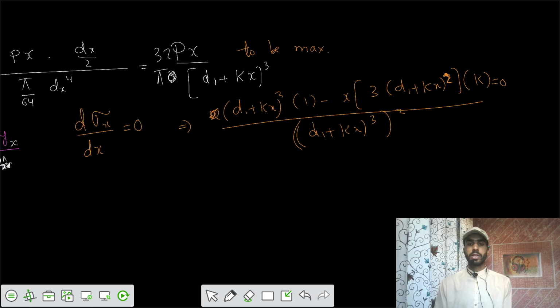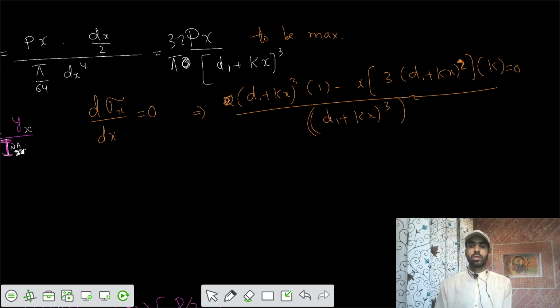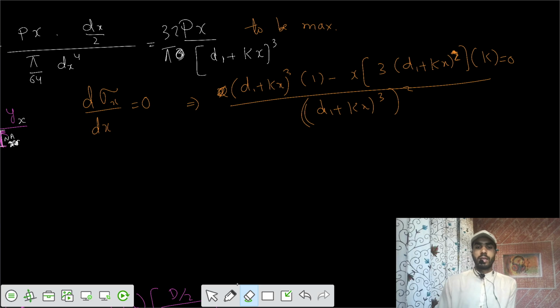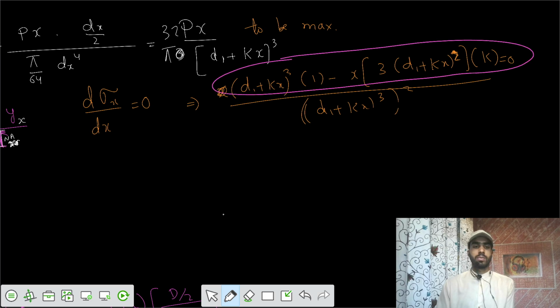You differentiate it and equate it to 0. Let's take the numerator as 0.